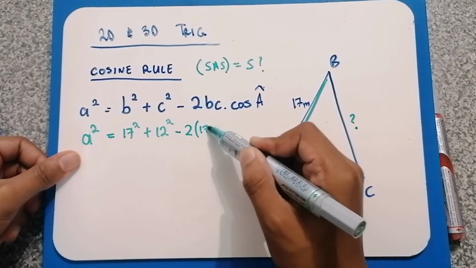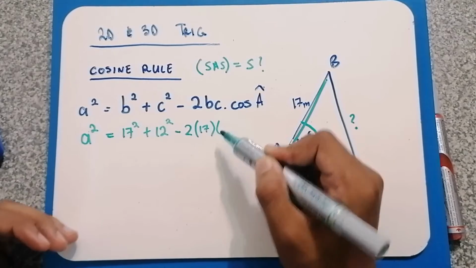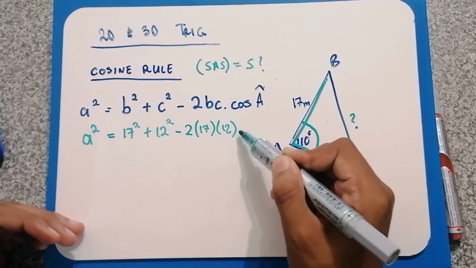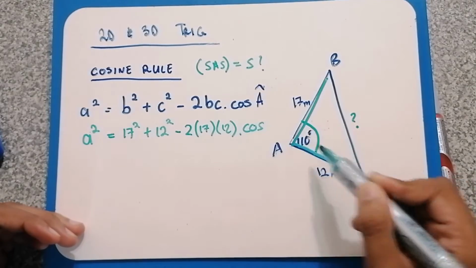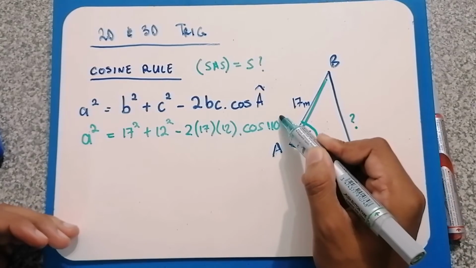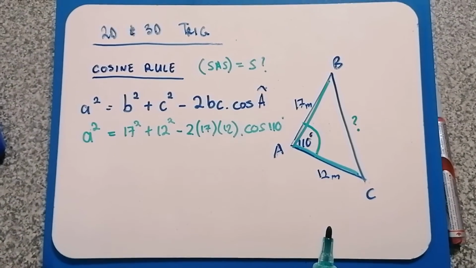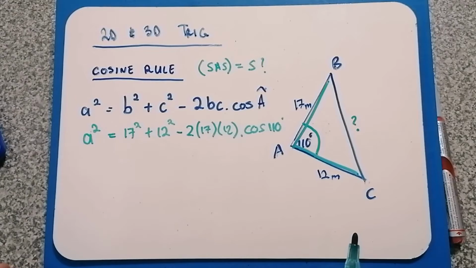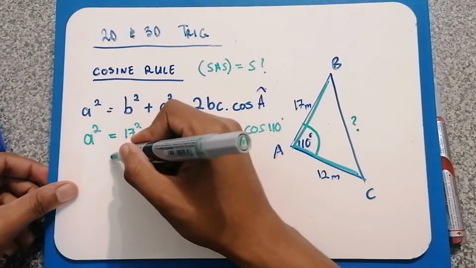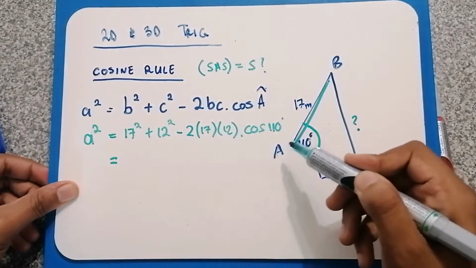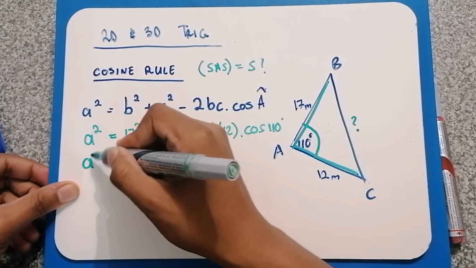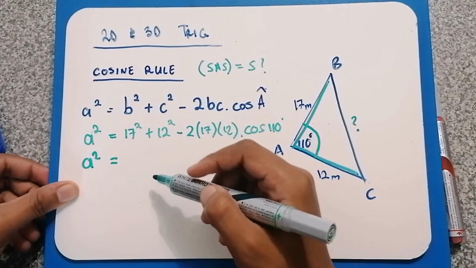So let's just add the 17 and the 12 and then multiply by cos of this included angle. And now you can just make use of your calculator to do the rest for you. First we're going to calculate all of this, and then to work out A, we'll take the square root on both sides.